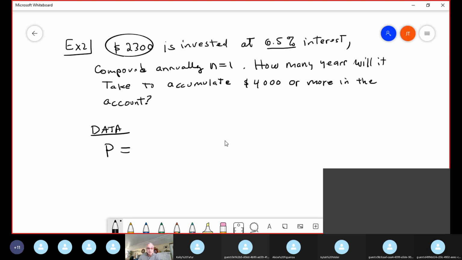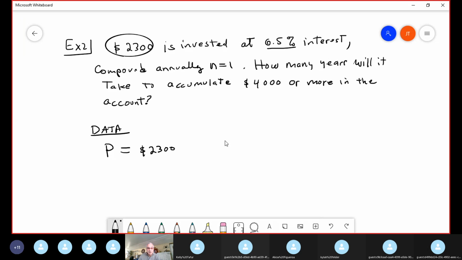It is obvious that R, the interest rate, is 0.065, expressed in decimal, divided by 100. And one more piece of information: compounding is 1. Nice, it's easy. And this number is a future value. T is unknown.